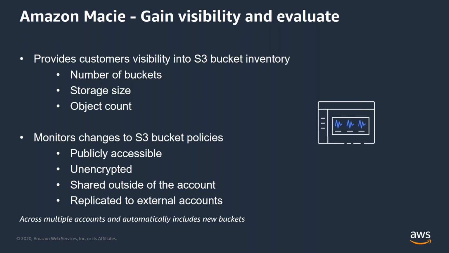So Macie automatically and continually evaluates all your S3 buckets and alerts you to any unencrypted buckets, publicly accessible buckets, or buckets that are shared with accounts outside those you have defined in your Macie setup.